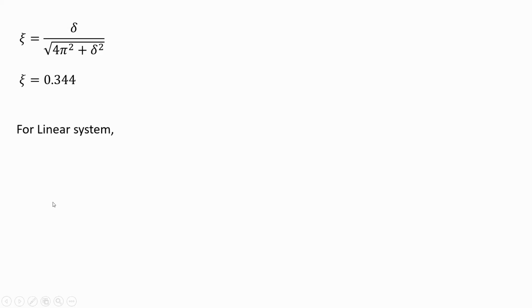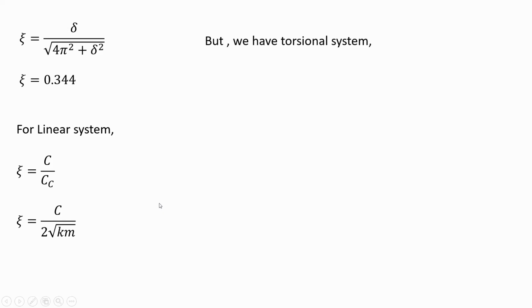Now we'll compare the linear system and torsional system. For linear system, we have already seen that zeta is C upon Cc, where Cc is the critical damping coefficient, that is 2 root Km. But in our case, we are having the torsional system.